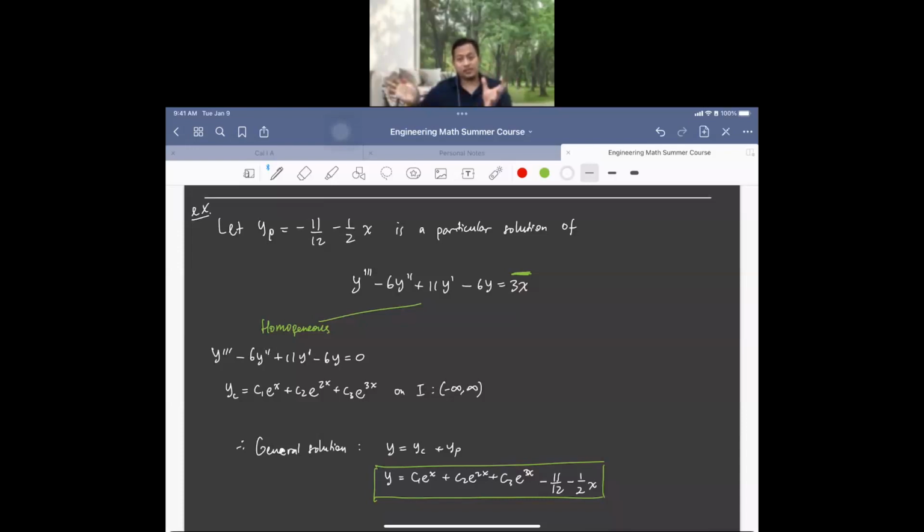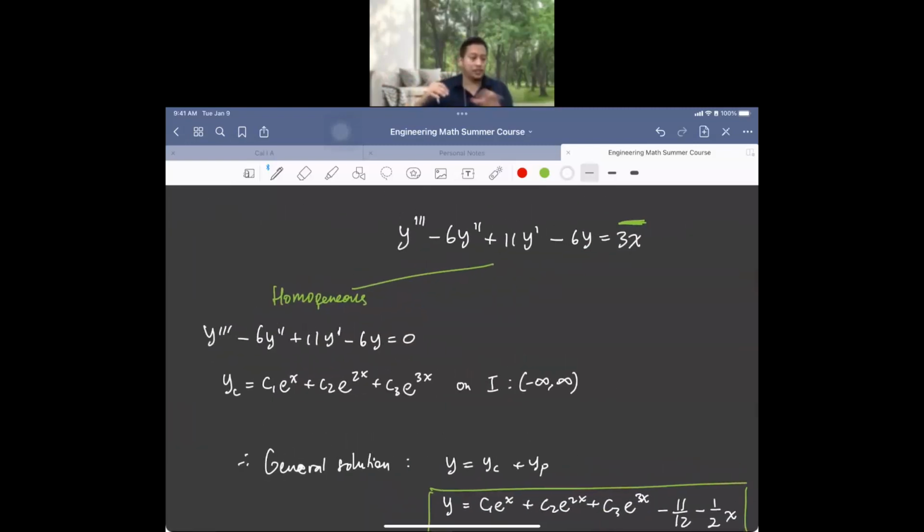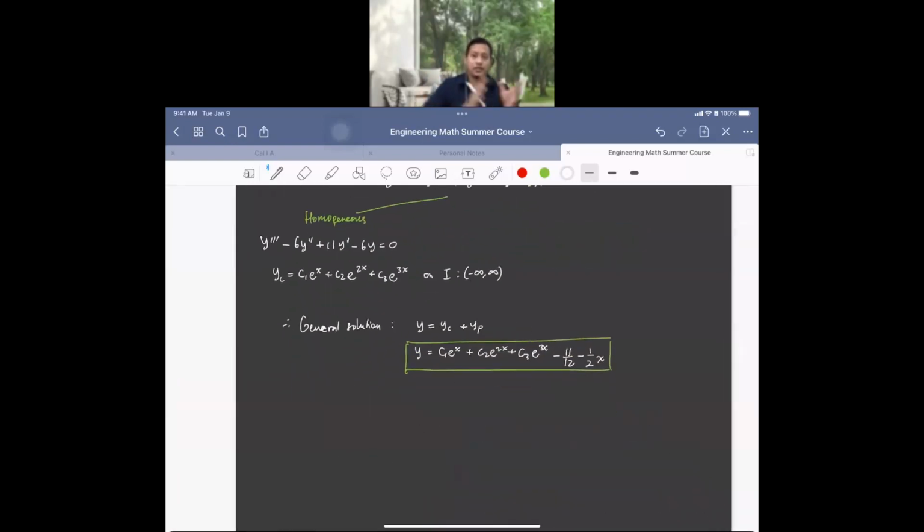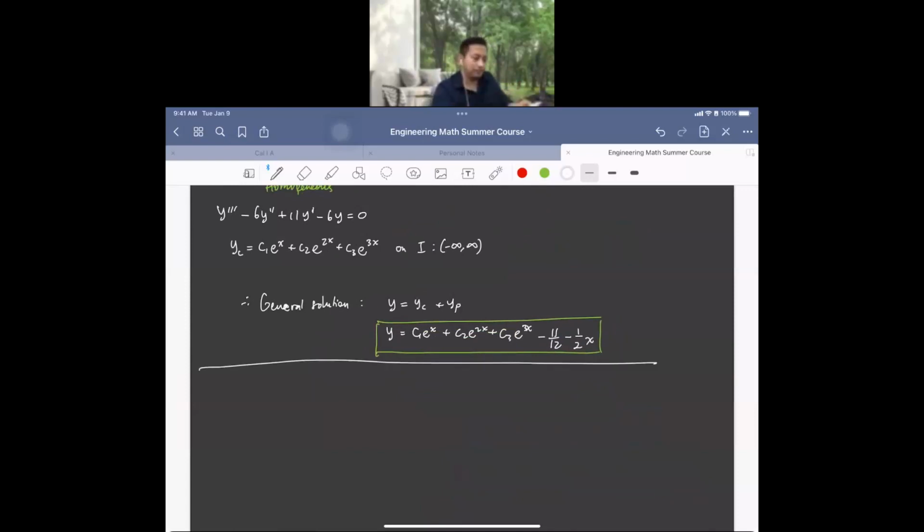For homogeneous ones, usually we just use yc. For the whole solution, we have the homogeneous solution and the particular one. Or we could say that the non-homogeneous solution includes the homogeneous solution and a particular solution.